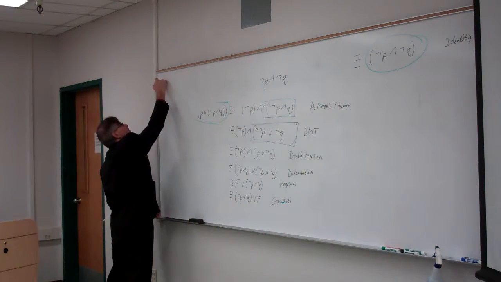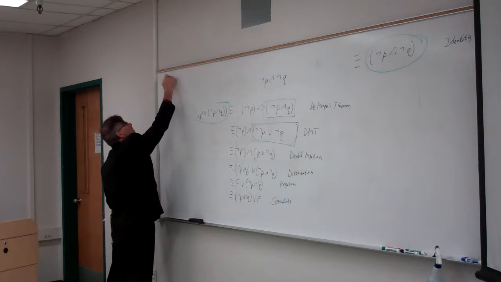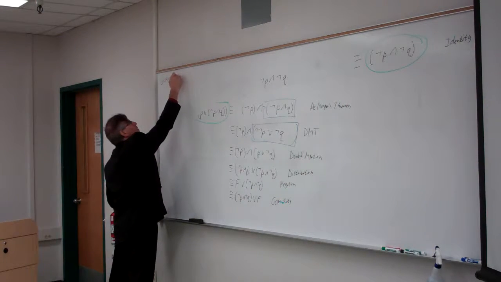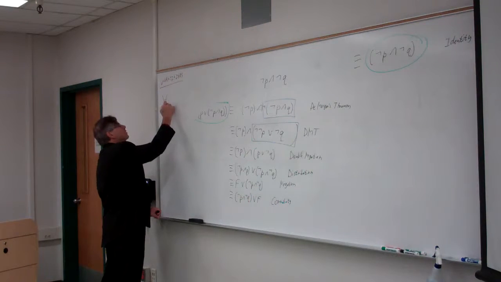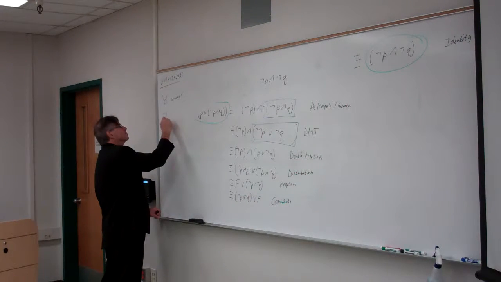So quantifiers. We have two quantifiers we talk about. This is the universal quantifier, and this is the existential.